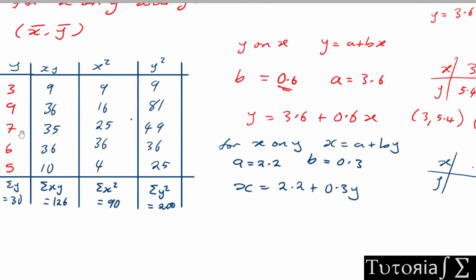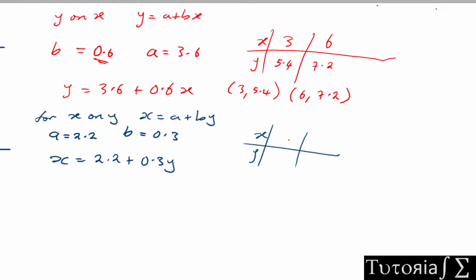Which two values of y can we pick that are a distance apart? Maybe 3 and 7. So y is 3 and 7. When y is 3, what value of x are we going to get?